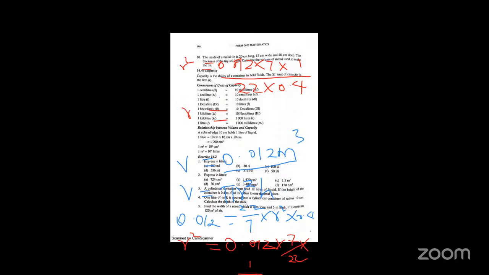Get the value of r squared. 0.012 times 7 divided by 22 times 0.4. So give me the value of the numerator. The numerator becomes 0.084.